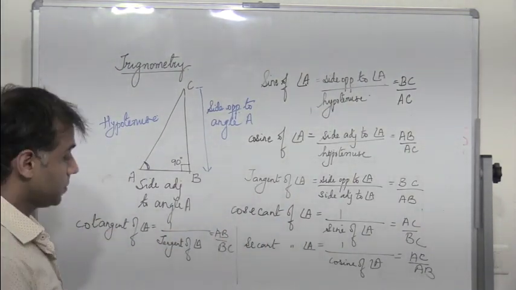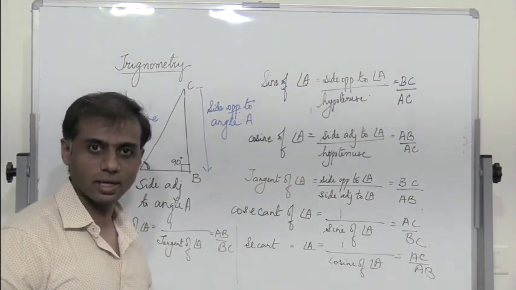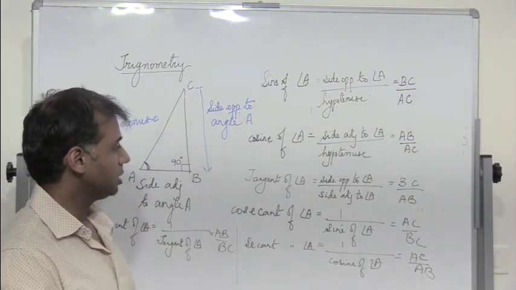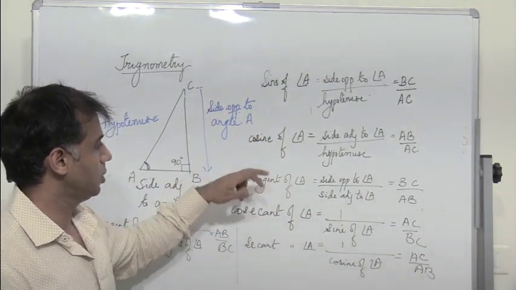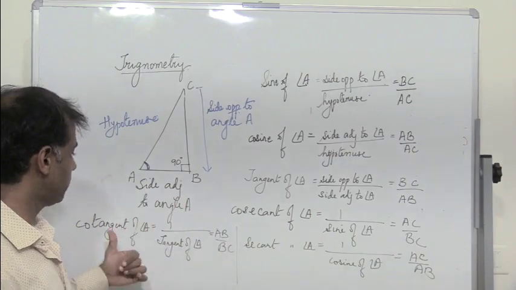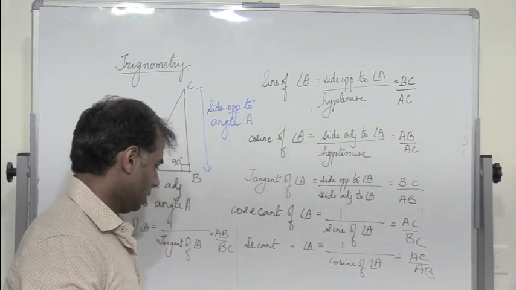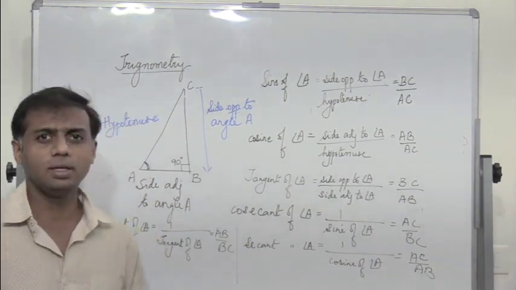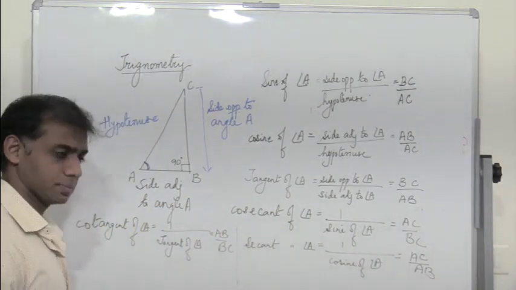Right? So we have observed that there are three basic relations, sine, cosine and tangent, and there are three other relations which are inverses. Inverse of sine is cosecant, inverse of cosine is secant, and inverse of tangent is cotangent. How do we represent this? Instead of writing out the full names, there are some short forms.